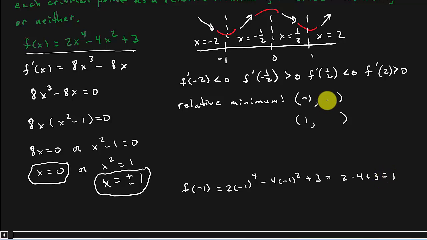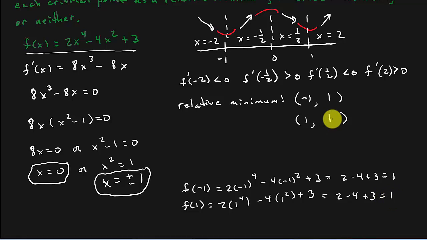That's 1. And then f of 1 is equal to 2 times 1 to the 4th minus 4 times 1 squared plus 3, which is 2 minus 4 plus 3. That's -2 plus 3, which is 1. So there's my relative minimum points.